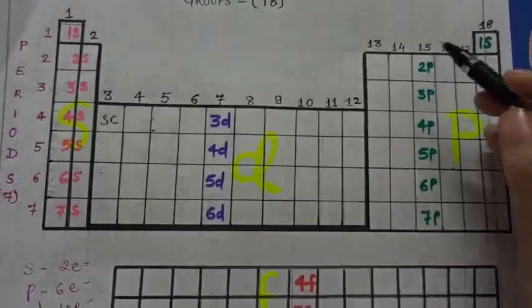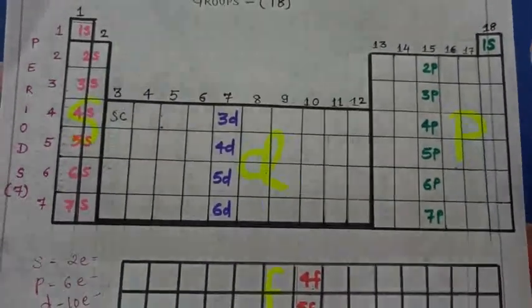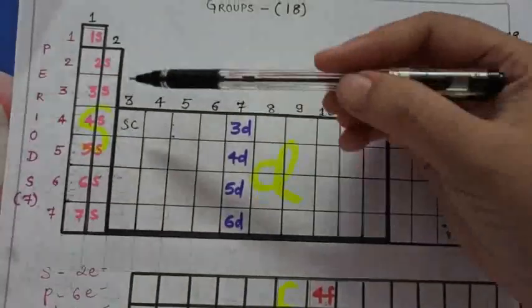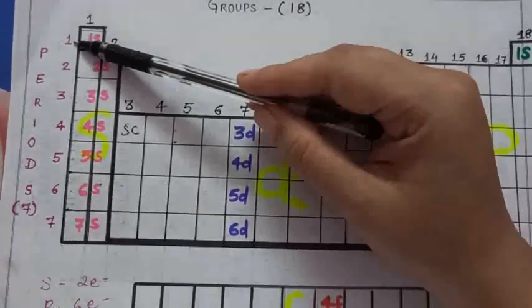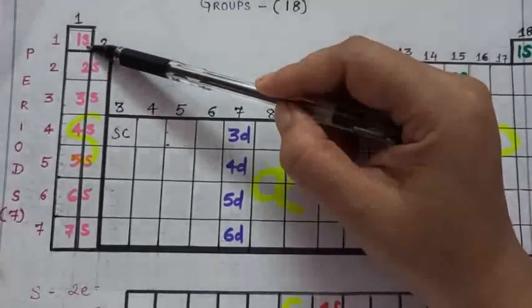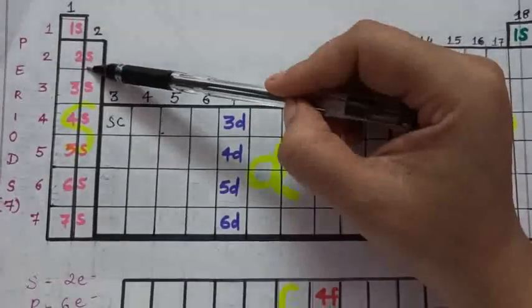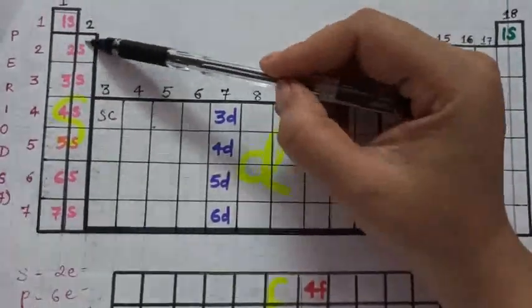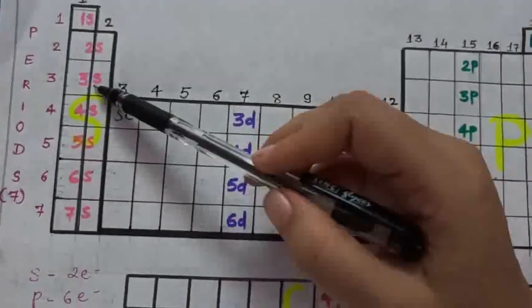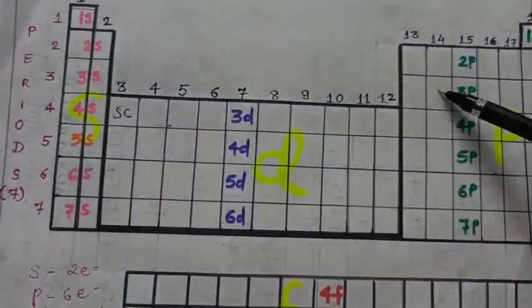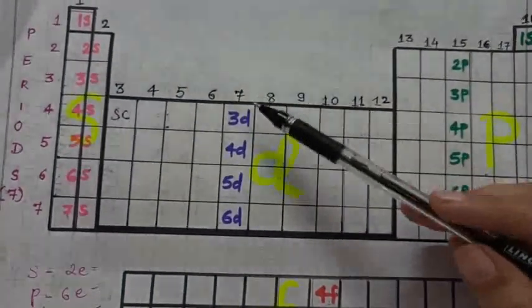When we inspect this periodic table in detail, we will see that whatever the period number is, like here the period number is 1, so filling takes place in 1s. Here it is 2s, that is the second period, so 2s and 2p are filled gradually. Here it is 3, so you will see 3s, 3p, and then 4s starts.